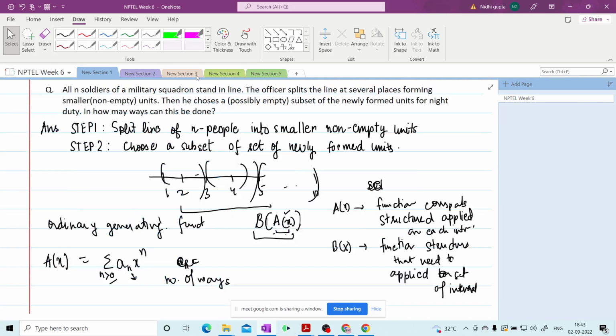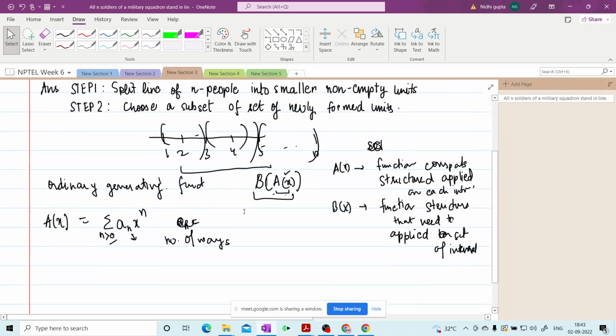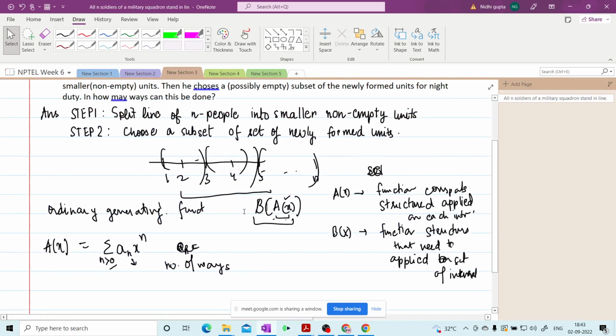So when we have a problem like this where we have to use composition, we have to identify two functions. There is one function which happens individually to each of these lines, that function is A(x), and then we have another function which happens to the collection of lines that we have broken our original line into, and that function is B(x).